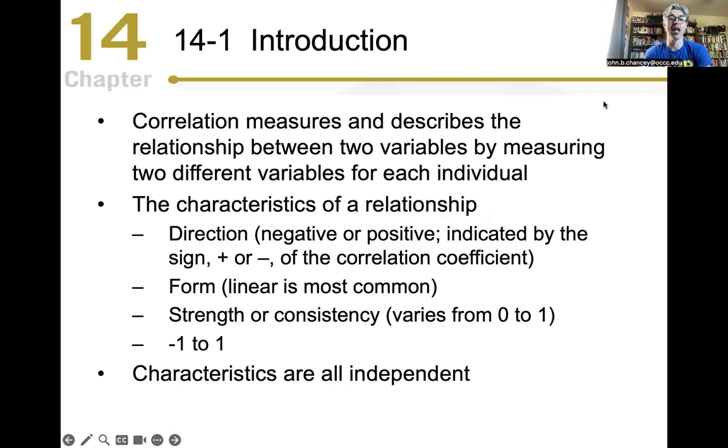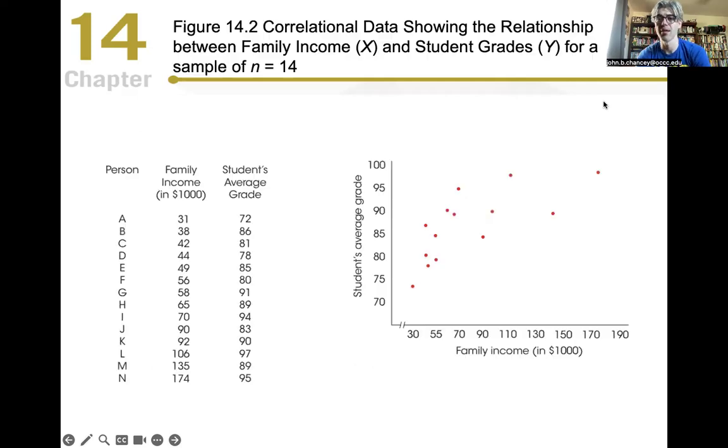And we measure the strength of our correlation from -1 to 0 to +1. -1 implies a perfect negative correlation: as one variable goes up, the other goes down. A perfect +1 would be if one variable goes up, the other goes up at the same rate. And a 0 just implies there's no relationship. And then we assume these characteristics are independent.